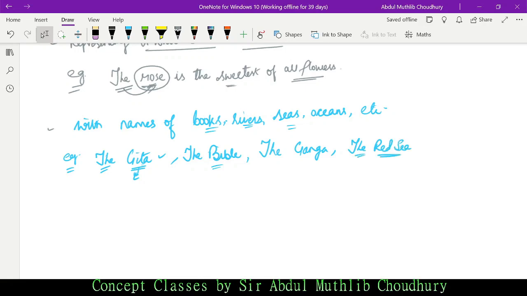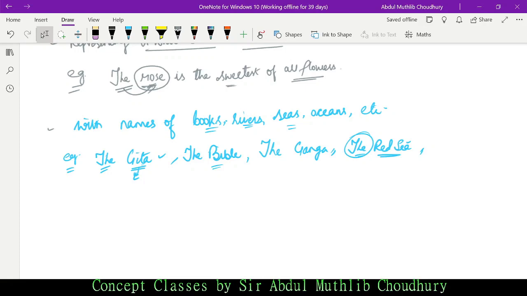So can I use article the? Yes. Red Sea is a proper noun. But is it singular or plural? Sorry, it is singular. You can always use article the before a singular noun. Kindly remember this. This is very important.